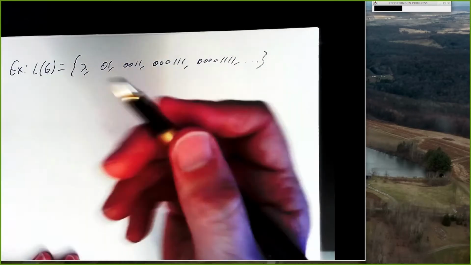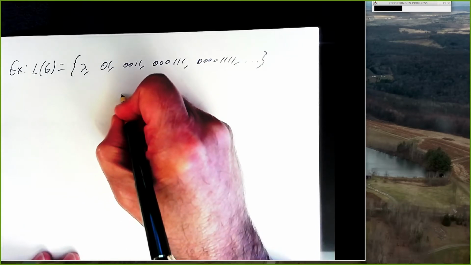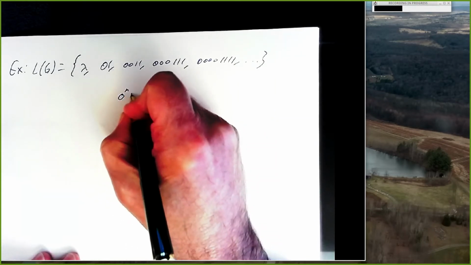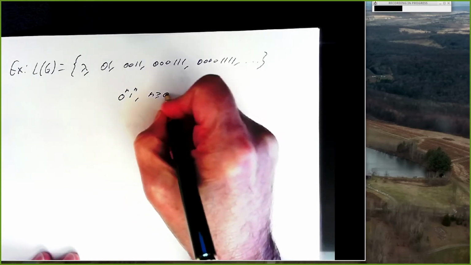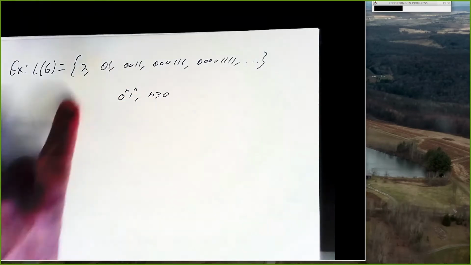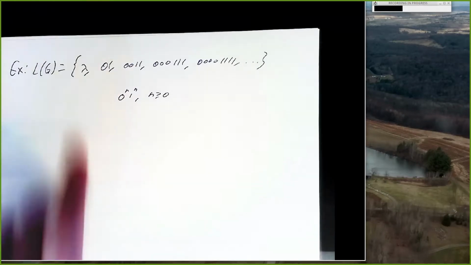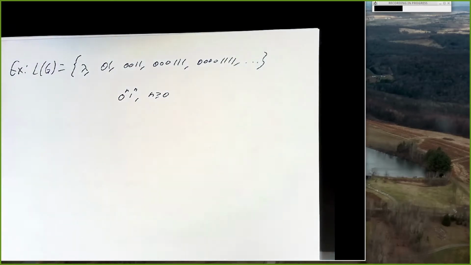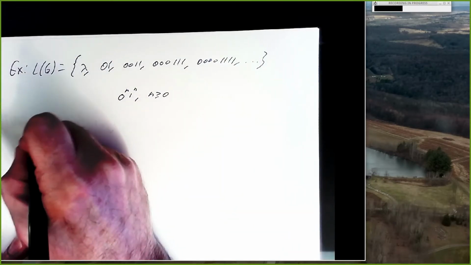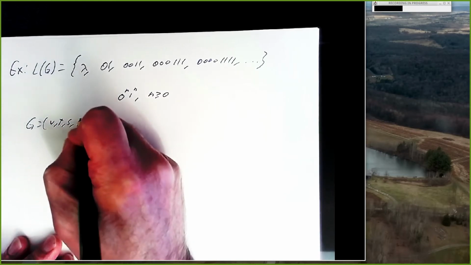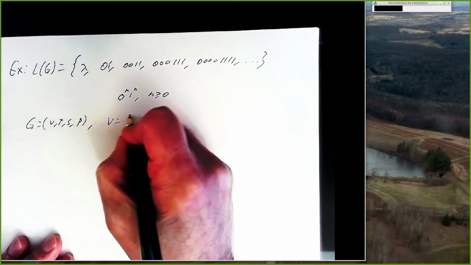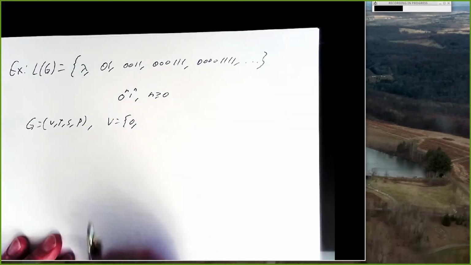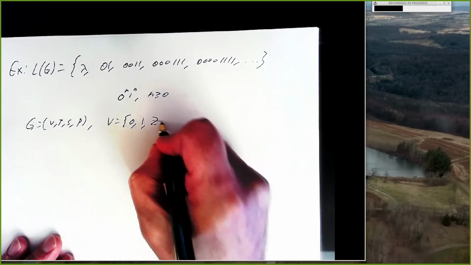Which we could write succinctly as 0 to the n, 1 to the n, where n is bigger than or equal to 0. So this would be n is 0, this is n is 1, this is n is 2, and so on. It's some number of zeros followed by the same number of ones. And if we want to describe a grammar for this, well, our grammar is certainly going to have to contain zeros and ones and some kind of start symbol.